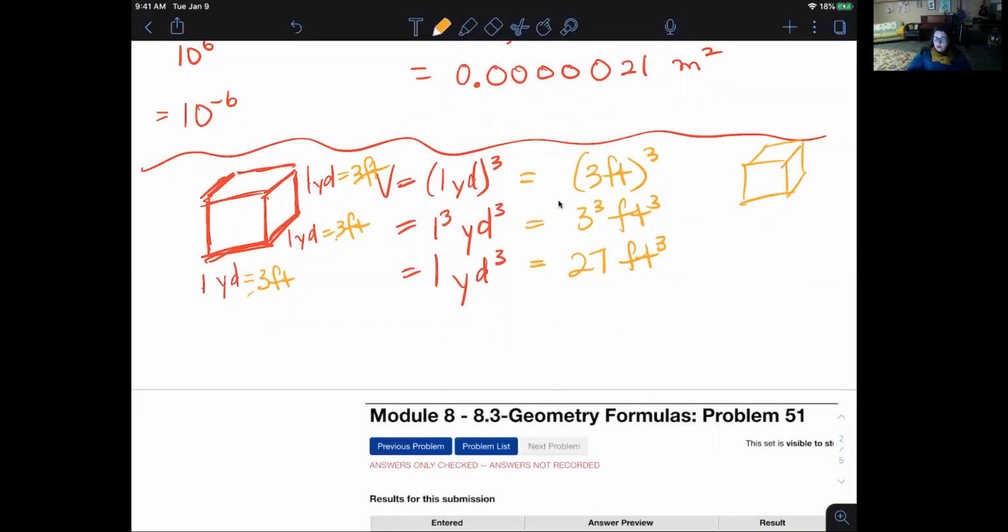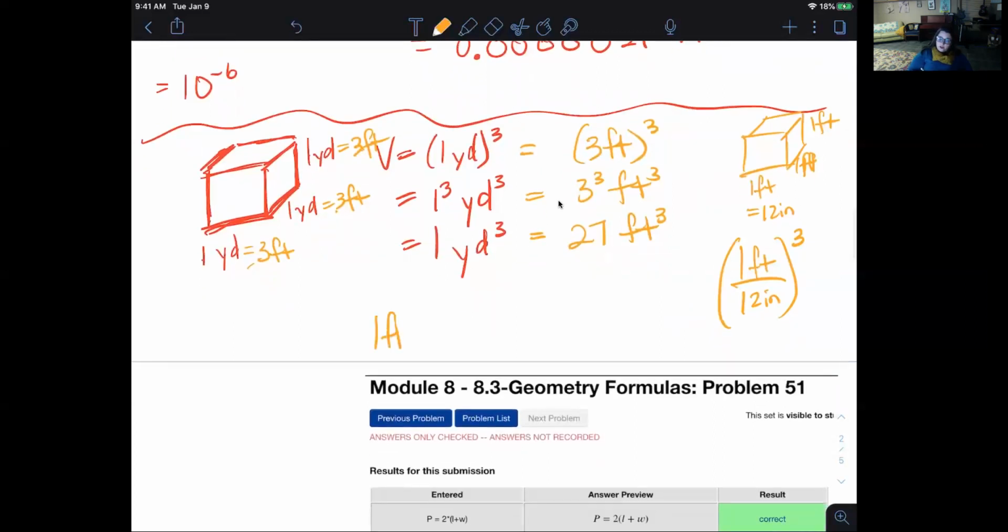Same thing if I had 1 foot cubed, and let's say I was going to change that to inches. This is going to be a lot more dramatic. Well, you know that 1 foot is 12 inches. So if I was going to convert volume, I would have to cube that.